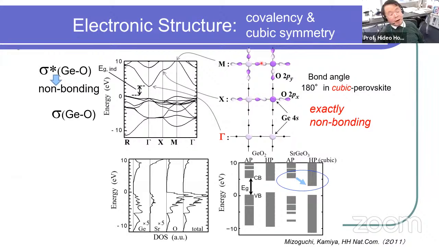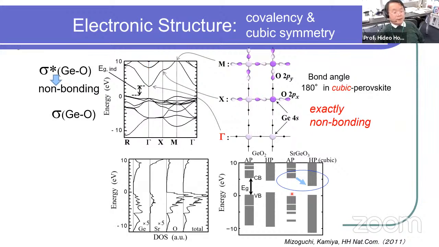In conventional germanium oxide or other oxides, the bond angle is not pi, so this level corresponds to the anti-bonding nature of the metal-oxygen bond. That's why this level is pushed up. However, in the cubic perovskite case, the bond angle is pi, so this level corresponds to the non-bonding level. That's why the electron affinity is pretty large.